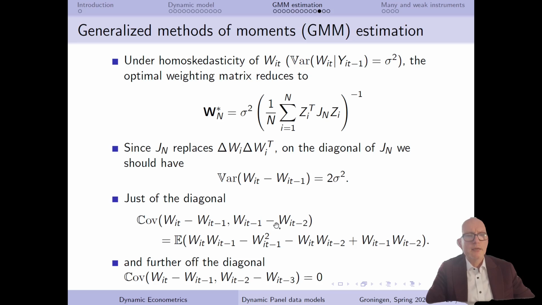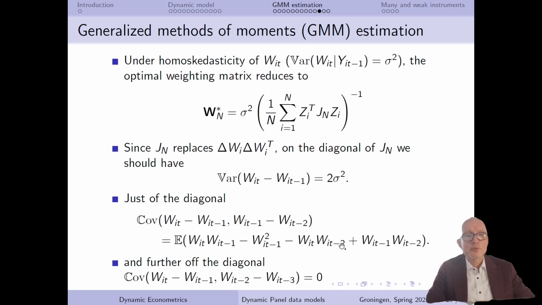You should realize that at the moment we get all these terms, this term, for example, is equal to 0. The reason is that again there is no serial correlation, so w_it is not correlated to w_it-1.